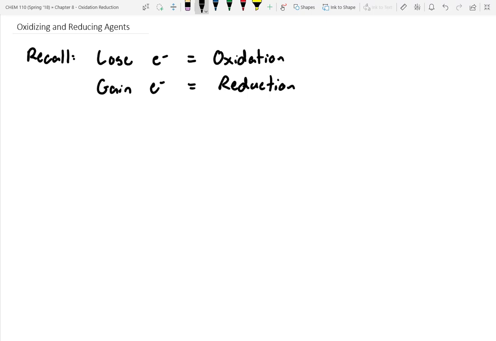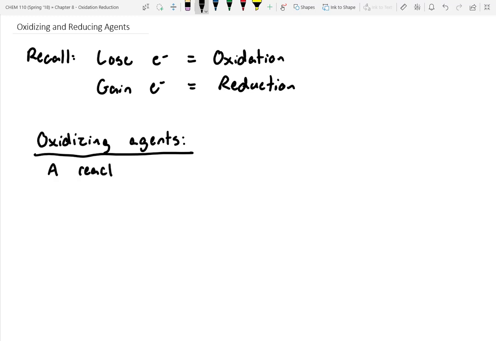However, today we're going to start talking about oxidizing agents and reducing agents, which are slightly different. So let's start out with oxidizing agents. An oxidizing agent is a reactant that oxidizes something else.